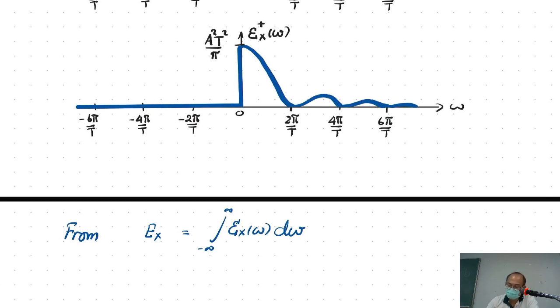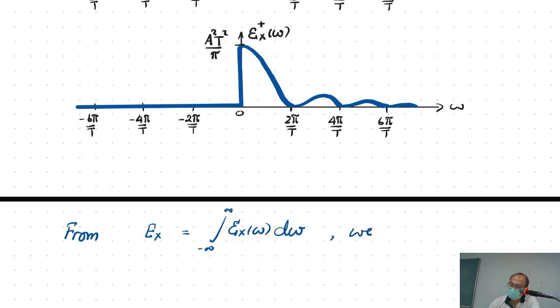The unit of E_X is joules, and the unit of omega is radians per second. So what would be the unit of the ESD here? If we multiply the unit of this function by radians per second, the result would have to be joules, right? So the unit of the ESD would have to be joules per radians per second.